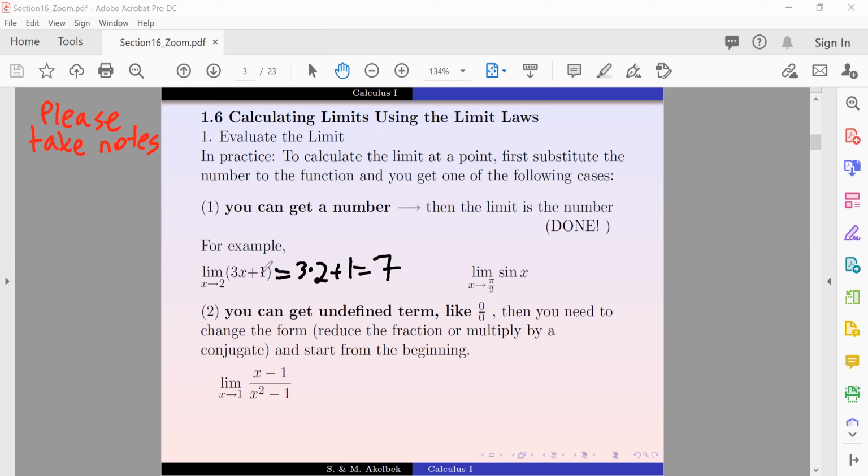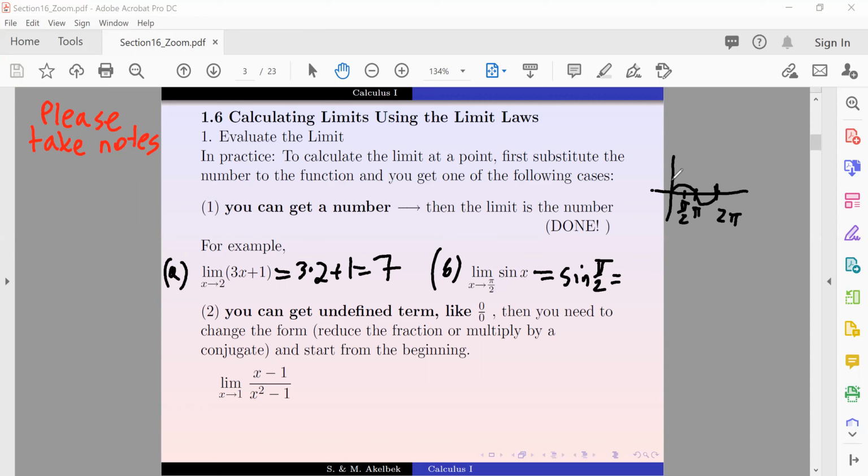Now, here's another example. So we can call this example A and example B. The same here. First, always we take and substitute. So in that case, we're gonna have sine pi over 2. And sine pi over 2 is, if I look at the sine curve, here's 2 pi, this is pi, so this is pi over 2.